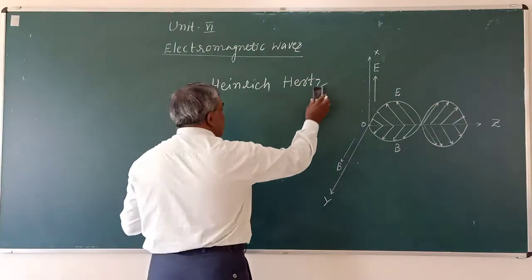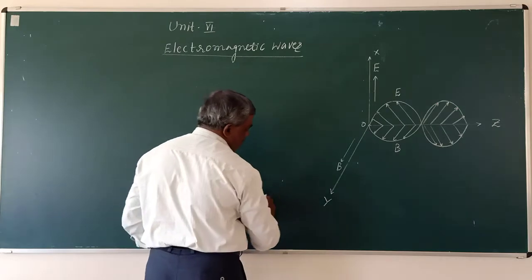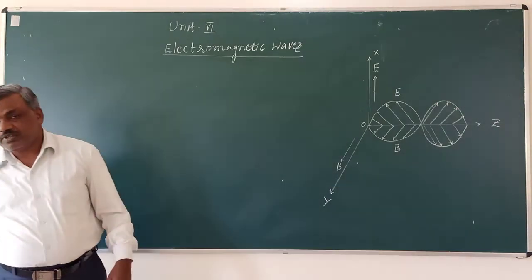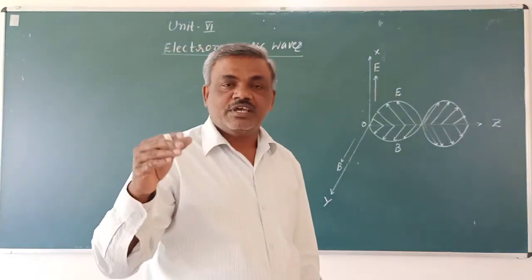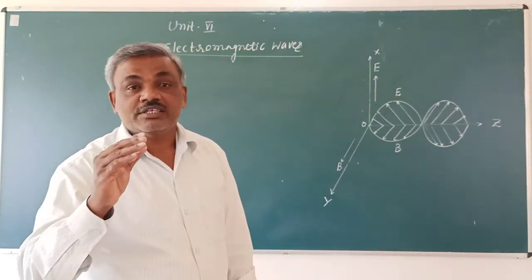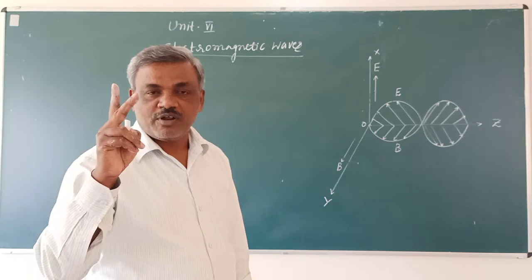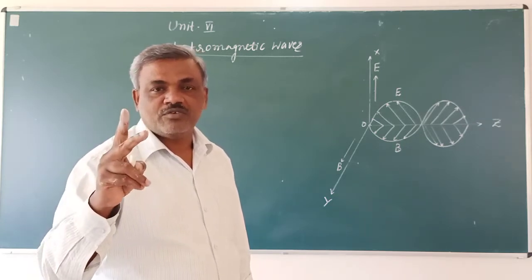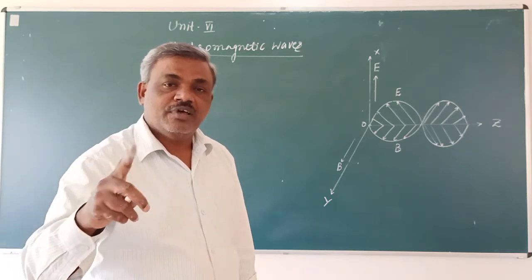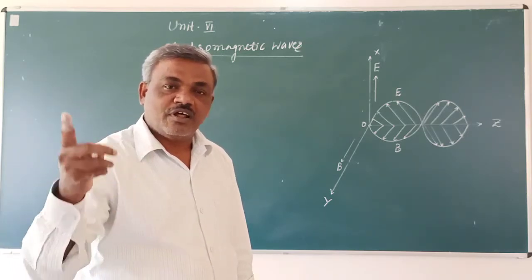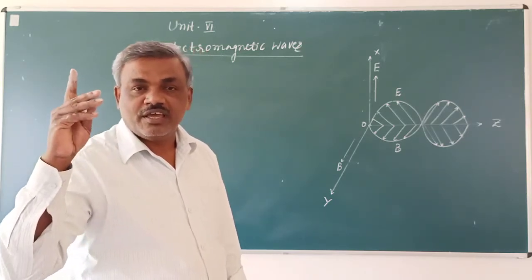Now write the expression for the speed of electromagnetic waves traveling in free space, in air or vacuum, and explain the symbols. This is a 2-mark question and a very important one.